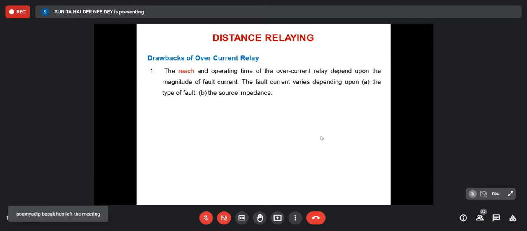There it is connected through CT and PT to monitor the voltage and current of the system continuously. So the distance relay identifies the system condition, and it will decide whether to disconnect or not depending on the fault distance from the relaying point.